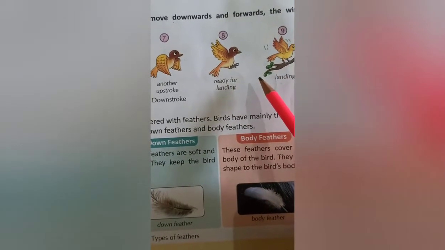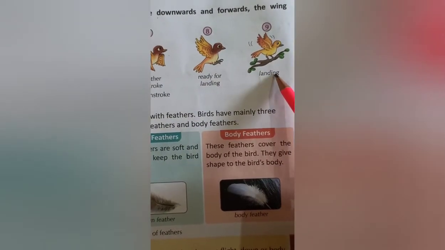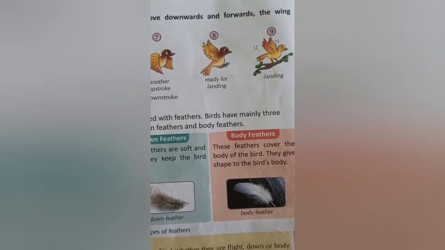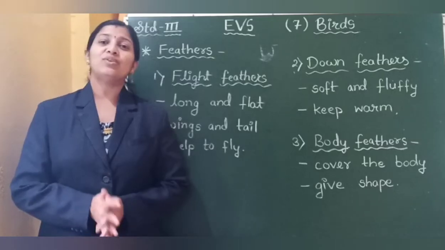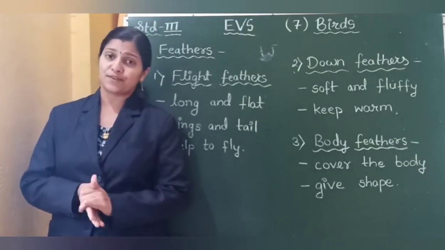So the wing movement, which is downwards and forwards, is called the downstroke movement. And the downstroke movement is done by the birds when they want to land on a tree or on any other. Now let us move to the next part of the bird's body, that is feathers.